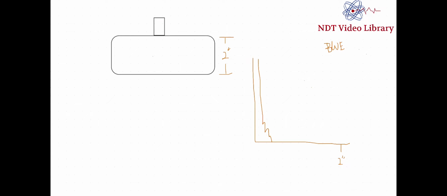Now, someone mentioned that it is also possible that you came on a thicker section, which means on the screen, let's say you set the range to 1.8 inches. That's a really good answer, actually. But so if you set the range on the screen to 1.8 inches, that means I'm only looking at 1.8 inches.